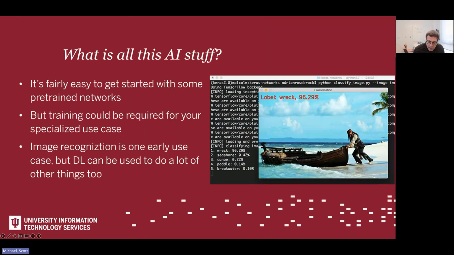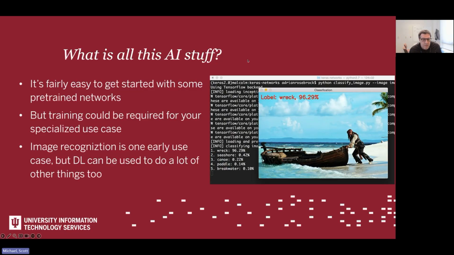So long ago, in the late aughts, the cutting edge application of neural networks was in the vision space, and was sort of classifying images. And so this is a fairly well-studied and well-solved problem.